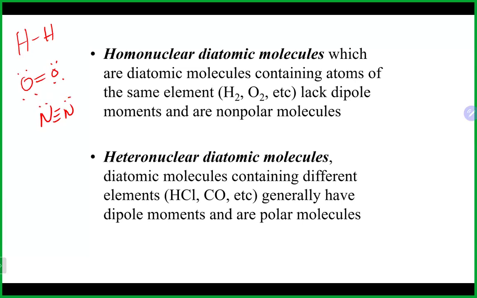So the deal with each of these is if we were looking at the bond polarity and we did the difference in electronegativity of each of these, we should end up with a difference of 0 because they're each the same element, right? So we take the value of hydrogen minus the value of hydrogen, 2.1 minus 2.1, we get 0. Now, what that means is each of these has nonpolar bonds.